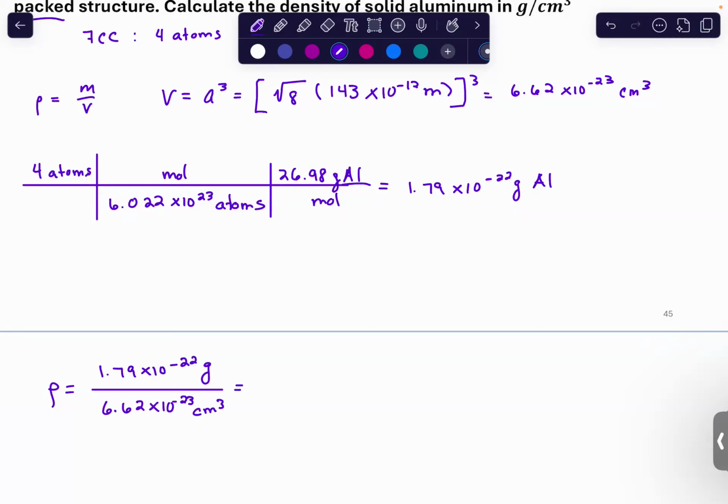That is going to give me 2.70 grams per cubic centimeter. I want you to learn how to solve problems like this. You will see these on your ACS final.